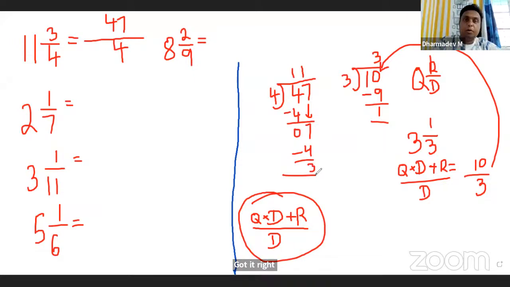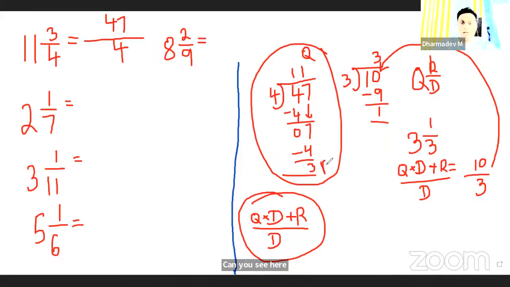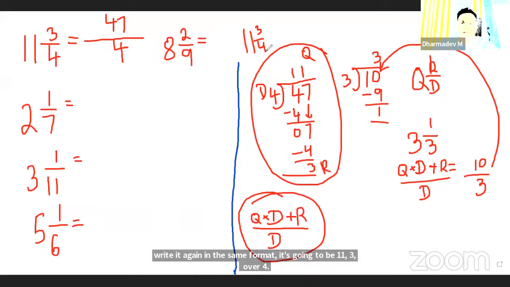On the right side, I've shown you. Can you see here? 47 divided by 4. The quotient is 11. The remainder is 3. And the divisor is 4. So when I write it again in the same format, it's going to be 11 3/4. Is that clear?